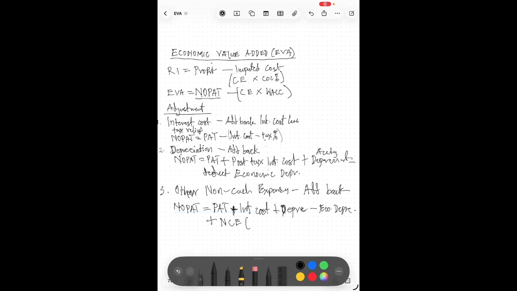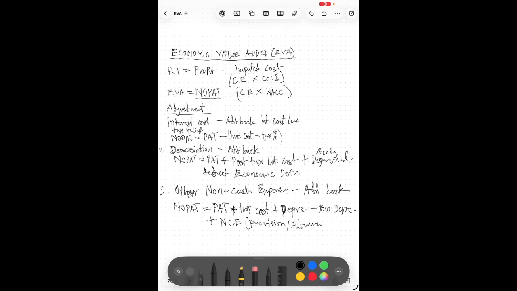Like I said, we have provisions, they are non-cash. We have allowances, we have other things like impairments, losses, and the rest.